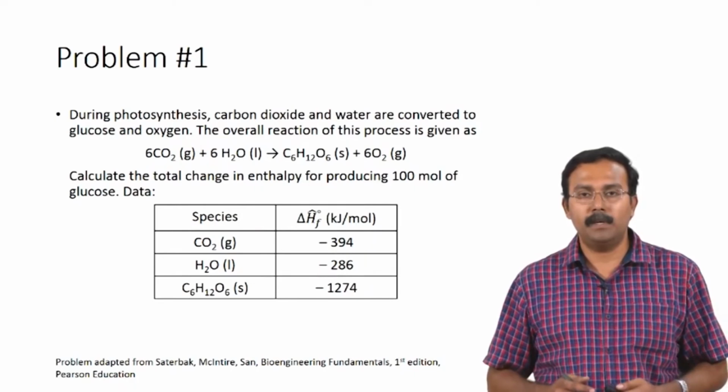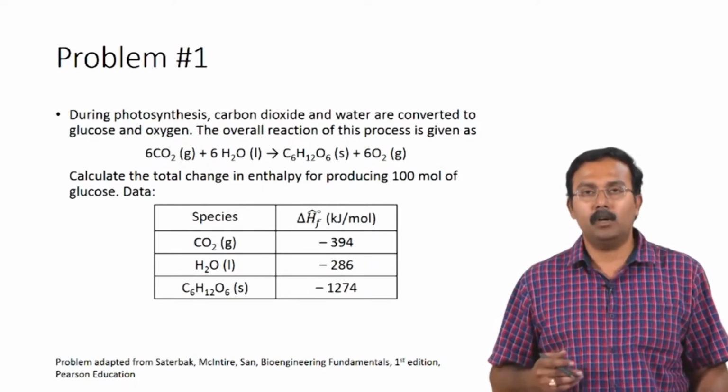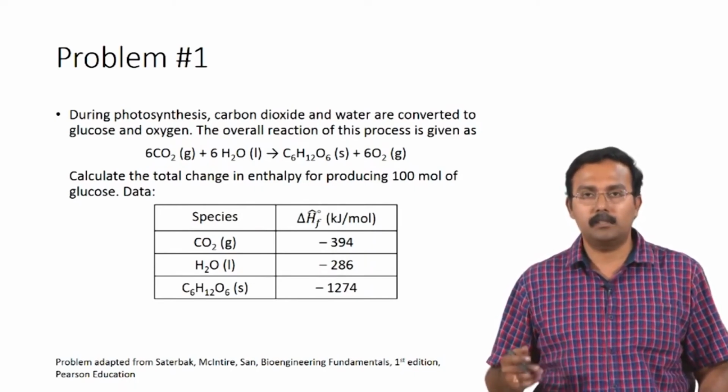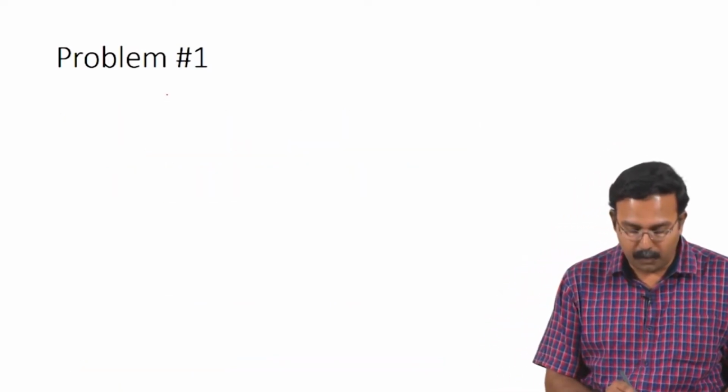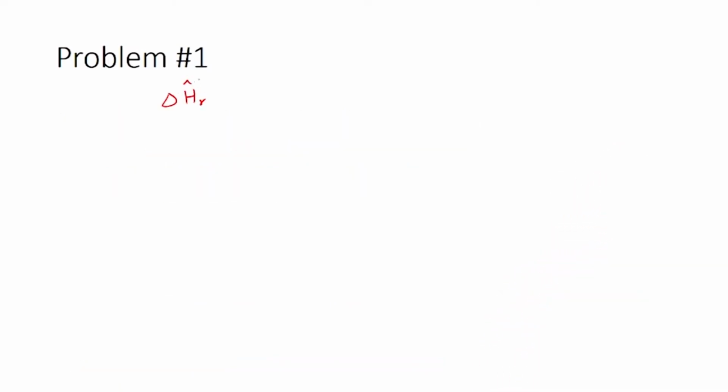Let us look at the heat of formation components and let us try to apply the equation which is built on Hess's law. So, the equation for heat of reaction would be sigma of products nu i delta H_f,i, where H_f is the heat of formation and nu i is the stoichiometric coefficient, minus sigma of reactants nu i delta H_f,i.